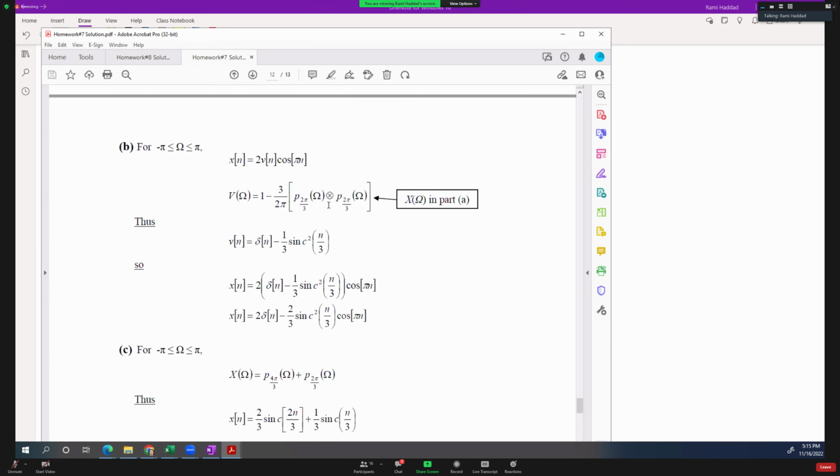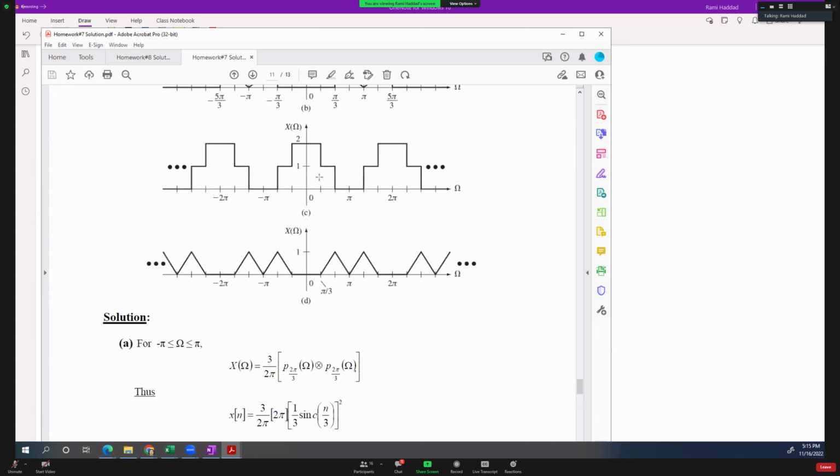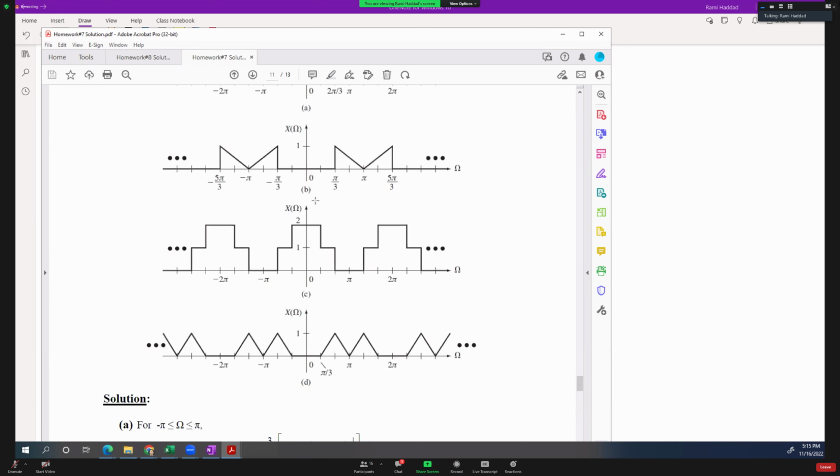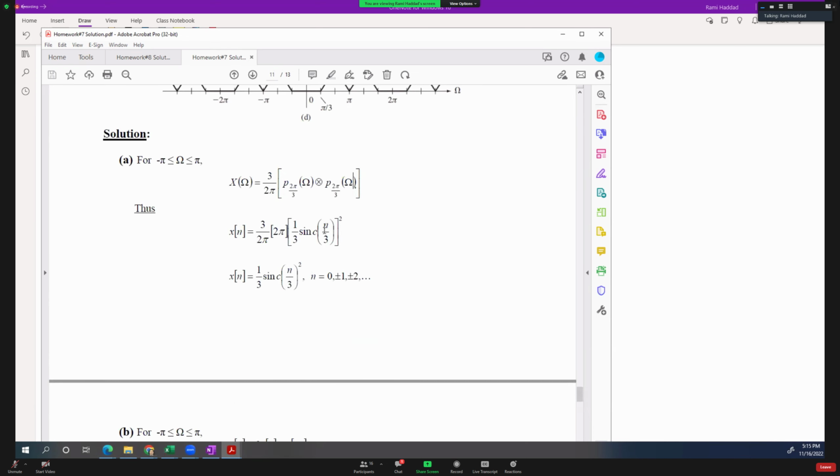And then I said, if this is V, and this is what I can see from here, this is a function centered at 0, then I can say that this pulse can be represented with its inverse, which I have from the table. It's a sinc function. And this is another function that has a sinc function as an inverse.